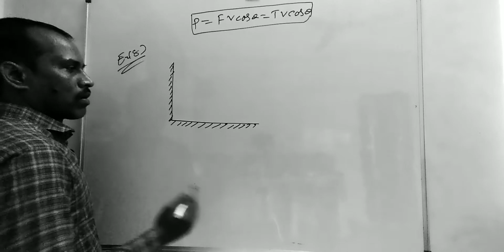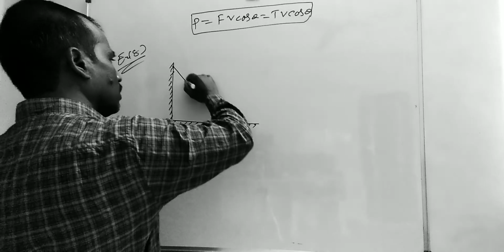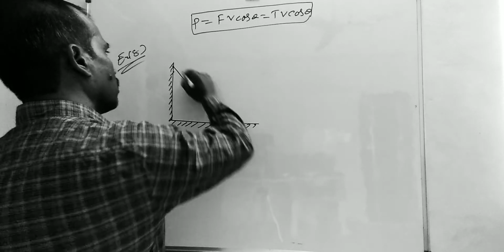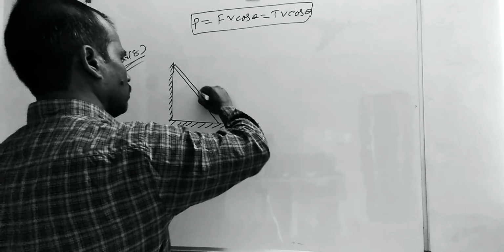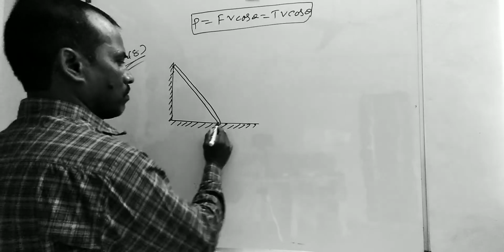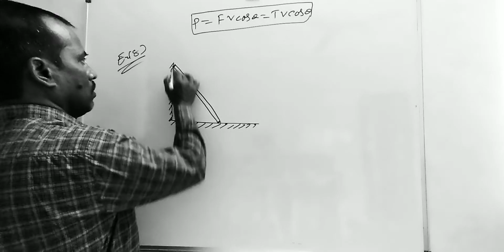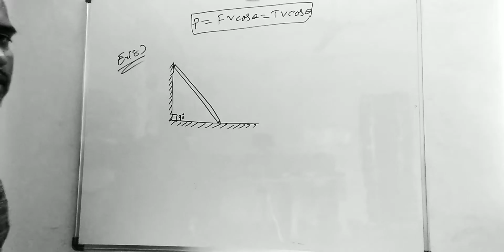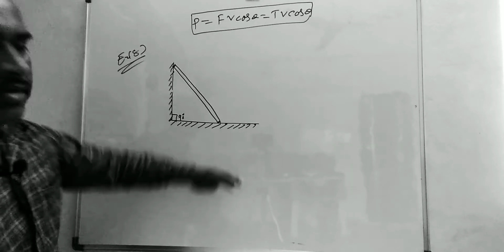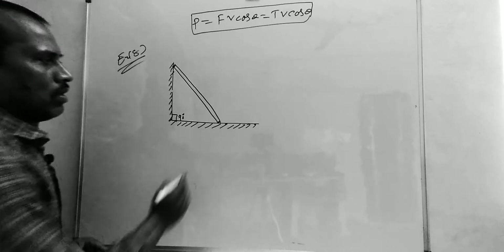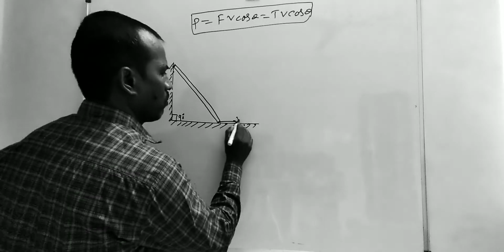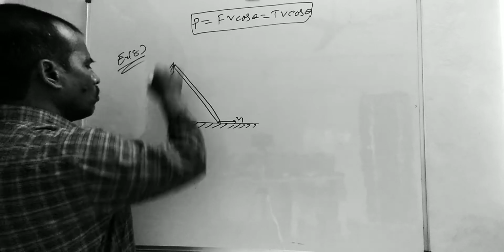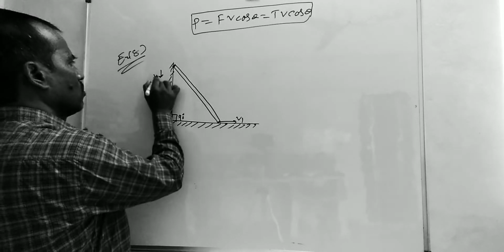A rod is placed inclined, with the angle here 90 degrees. This rod is sliding. This end moves horizontally with velocity v1, and this point moves downwards with velocity v2.